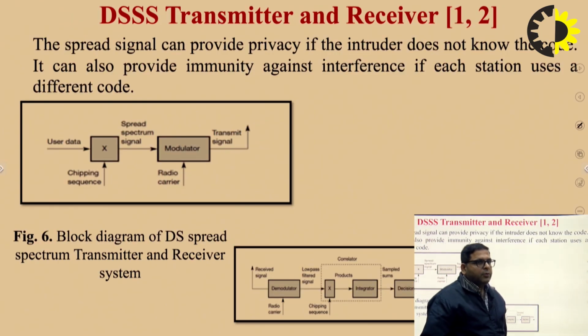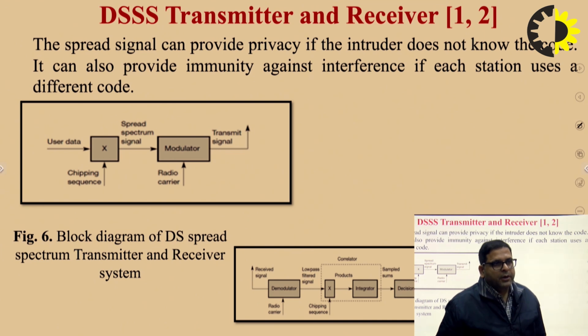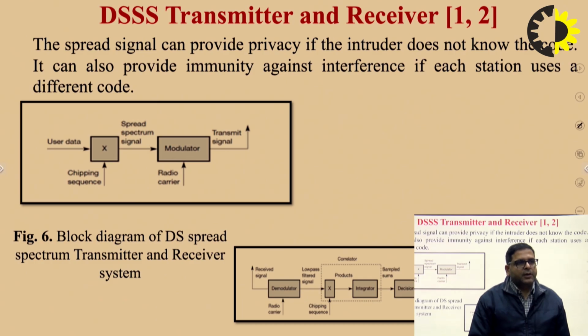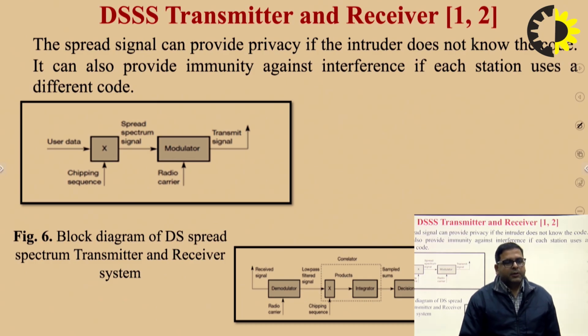In this block diagram, we have plotted the direct sequence spread spectrum transmitter and receiver. As we can easily see, first we take the user data and multiply this data with the PN sequence.